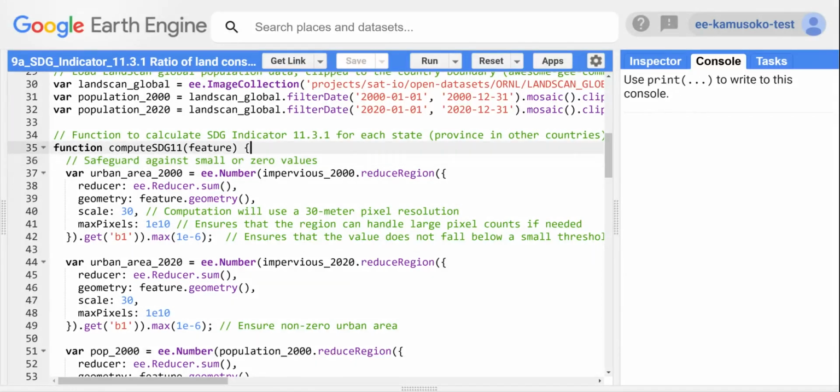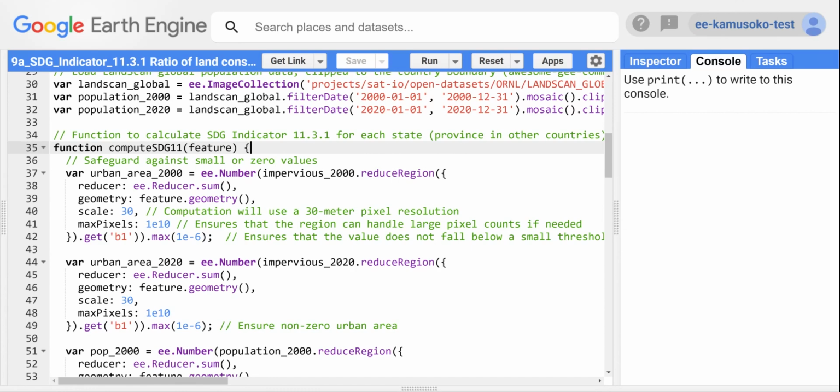This function gets these input variables, that is the urban area in the year 2000, the urban area in the year 2020, the population in the year 2000, and population in the year 2020.